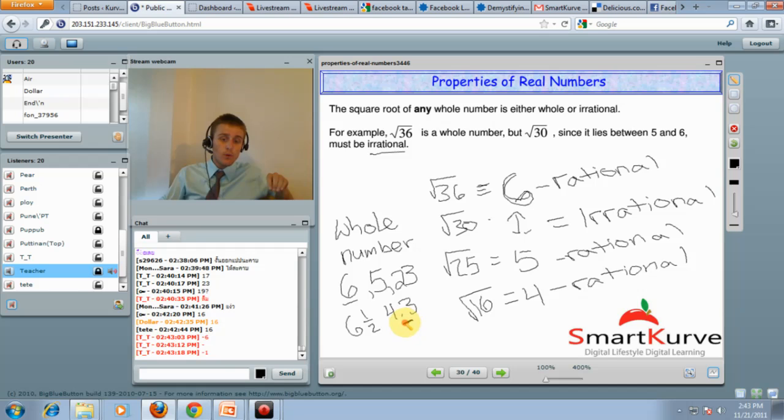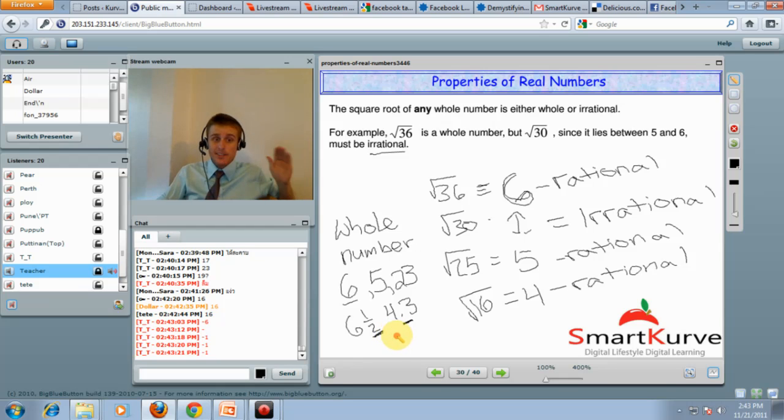If it has a decimal point or a fraction, it is no longer a whole number. 1 is a whole number. -3 is a whole number. -1 is a whole number. -1.5 is not a whole number. So as long as it has no decimal and no fraction, it is a whole number.